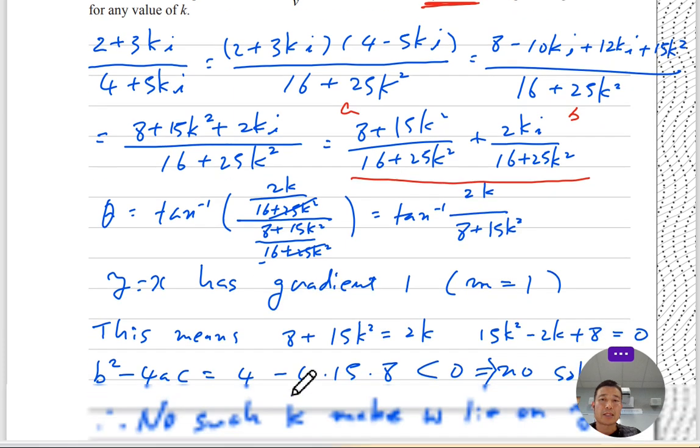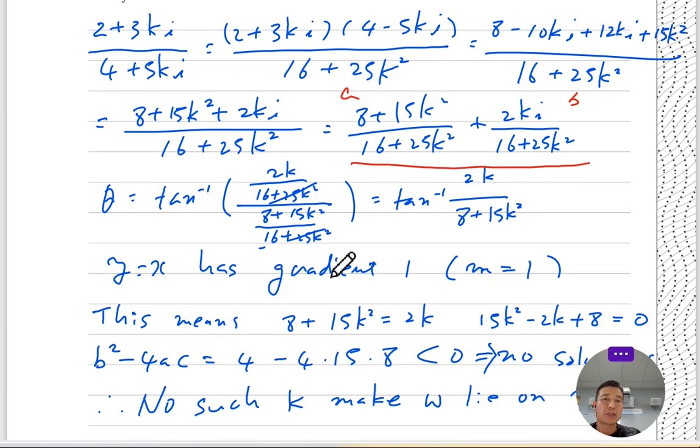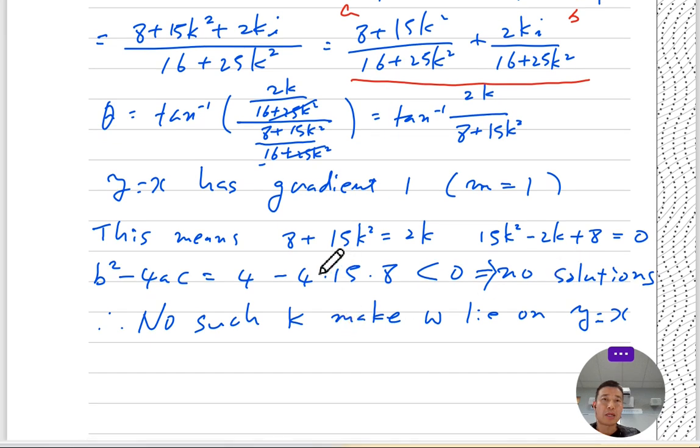So as I said, y equals x has gradient of 1, which means that m is 1. This means 8 plus 15k squared must be 2k, isn't it? So that means that 15k squared minus 2k plus 8 must be 0, right?